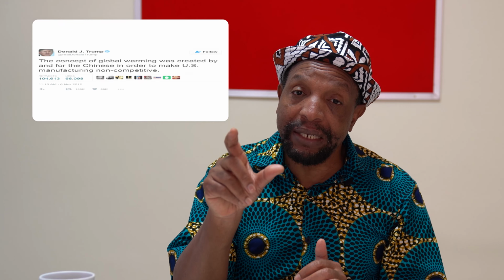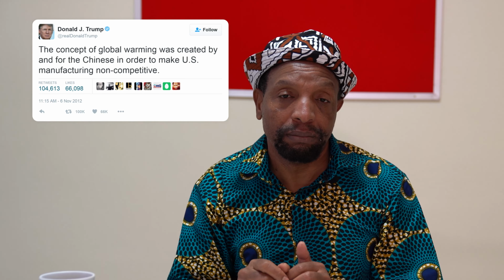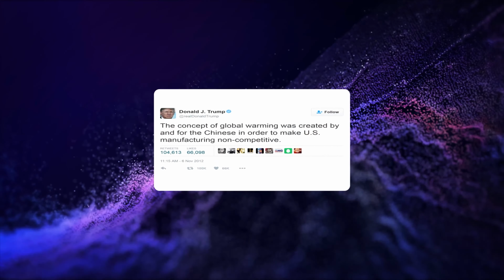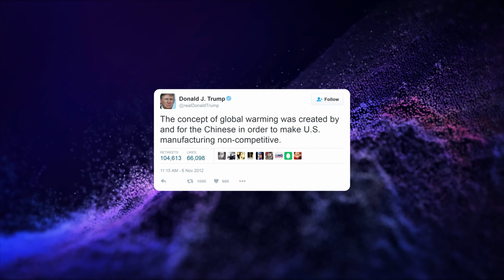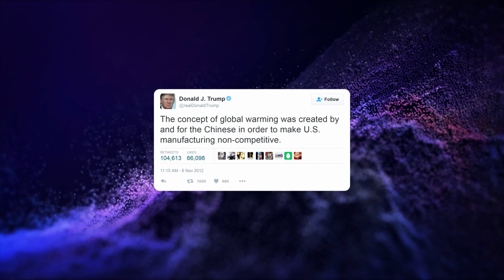The object you're seeing right now has a real-world context. It is a tweet from Donald Trump, the former president of the USA. And the tweet is talking about the concept of global warming. And you can see there what the tweet is saying: the concept of global warming was created by and for the Chinese in order to make US manufacturing non-competitive.